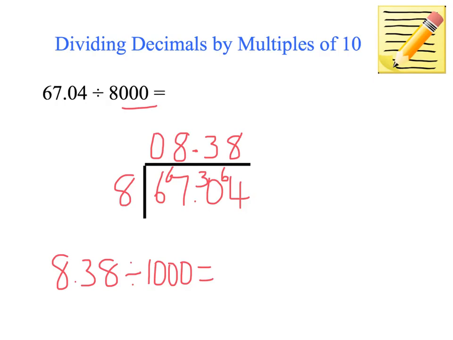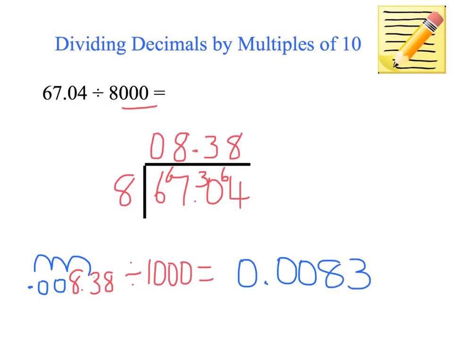Now I haven't really left enough room there, so I'm going to have to rub it out and do it a bit smaller, so it'll be 8.38 divided by 1,000. So now I'm going to move this to the left. 1, 2, 3. And that's where my decimal place will be, remembering to put the zeros in. So my answer will be 0.00838.